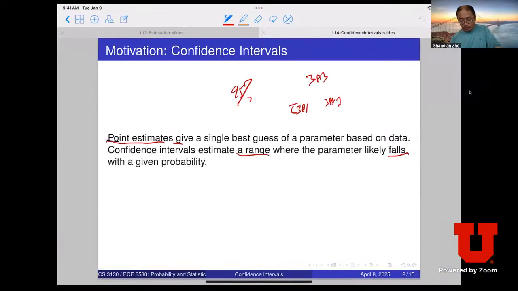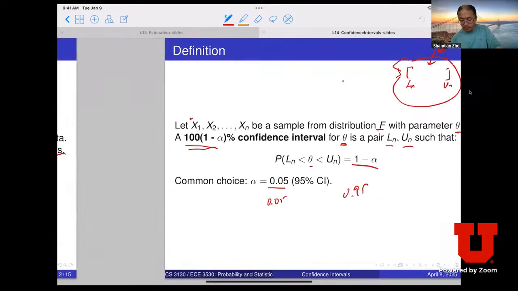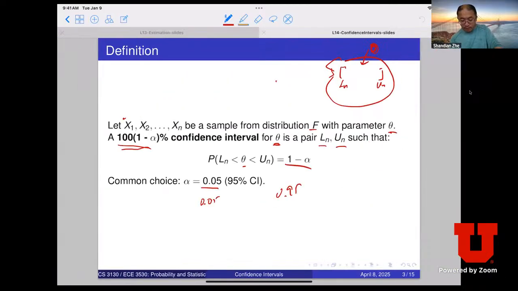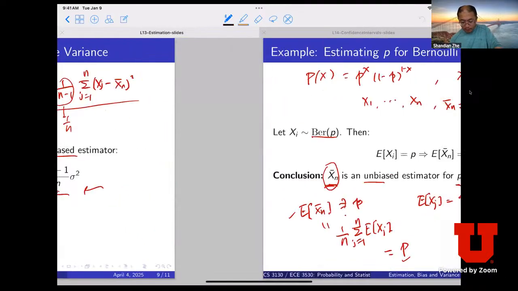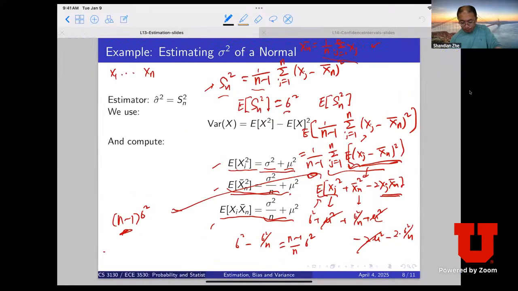So if we look at, oh, sorry, another lecture slide, it's here, right? The expectation of the square of the sample mean is mu square plus sigma square over n, right? And you subtract the square of the mean, which is this guy, and you get sigma square over n, right?